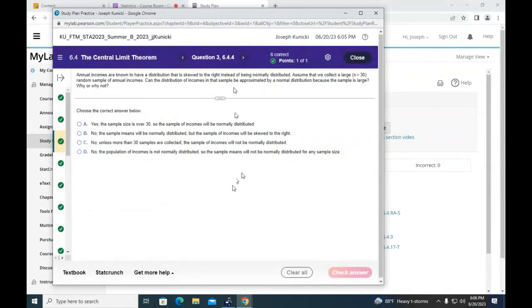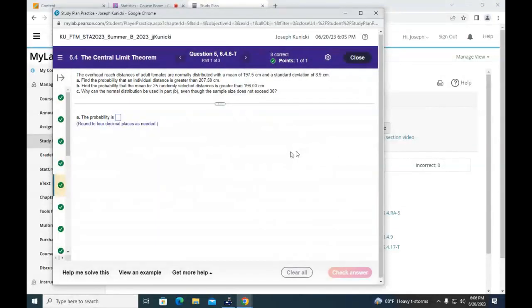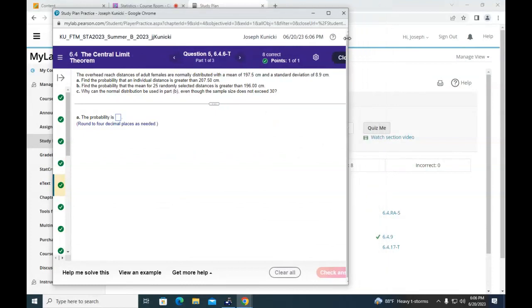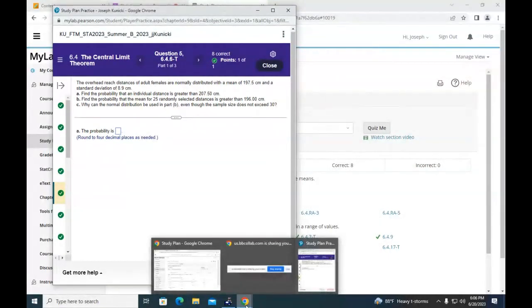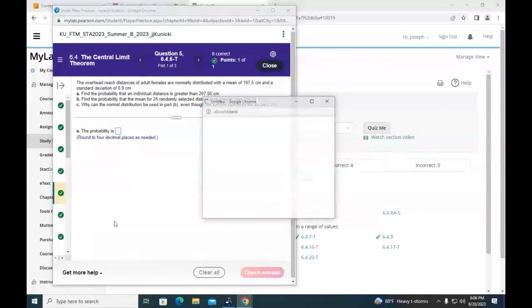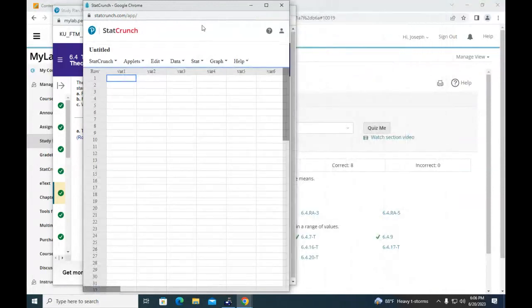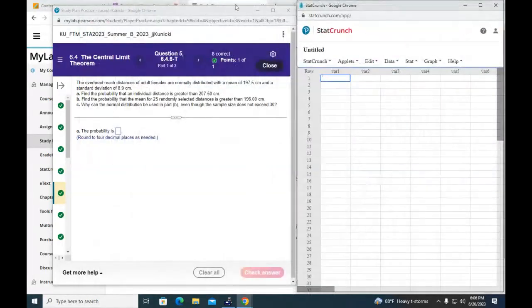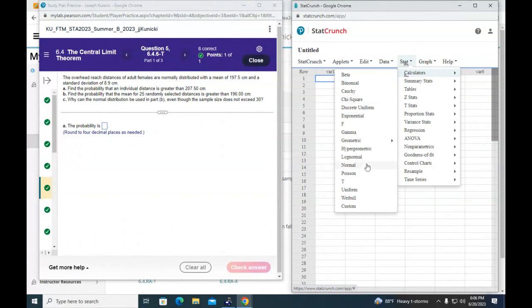Number 6. The overhead reach distance of adult females is normally distributed. Did I close it? Yeah, I got to open it up again. StatCrunch. All right, so let's see, stat, calculator, normal.